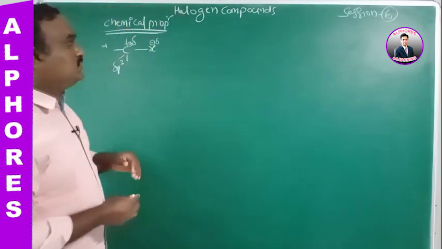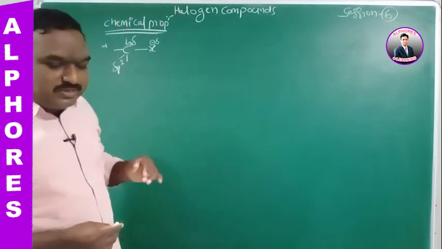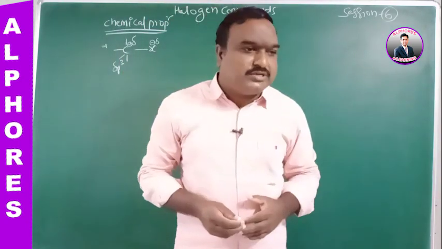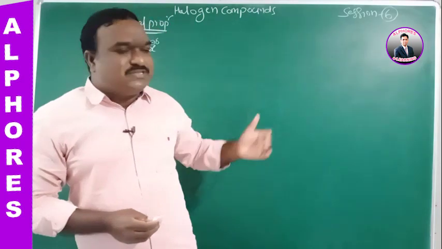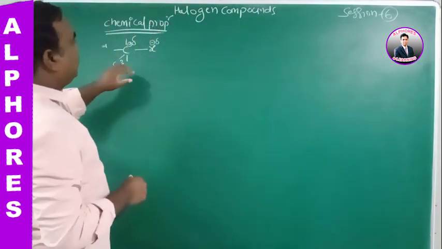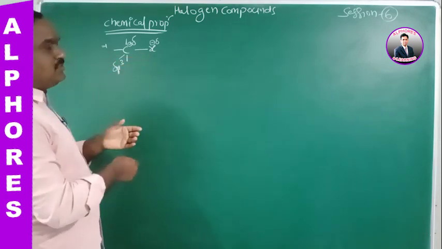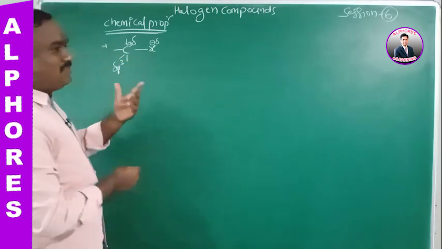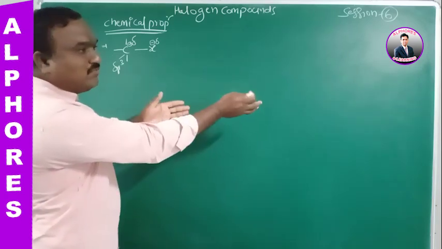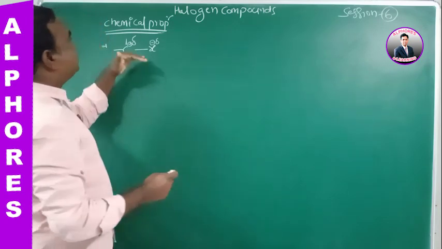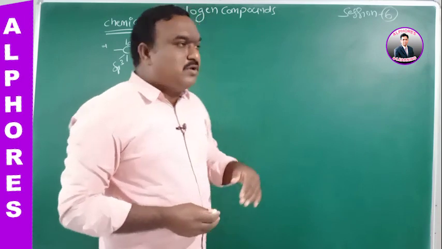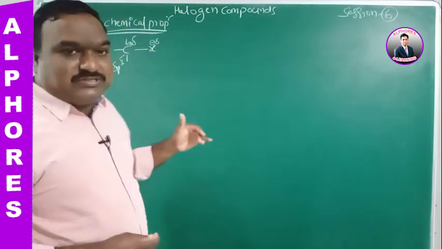Substitution reactions are of three types: free radical substitution reactions, electrophilic substitution reactions, and nucleophilic substitution reactions. Substitution means that in the reaction one atom or ion is substituted by another.